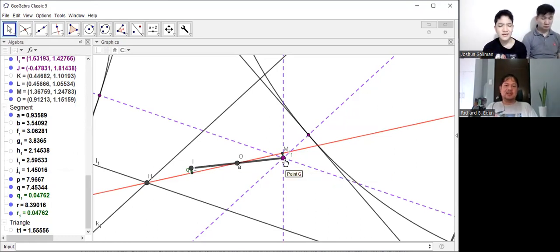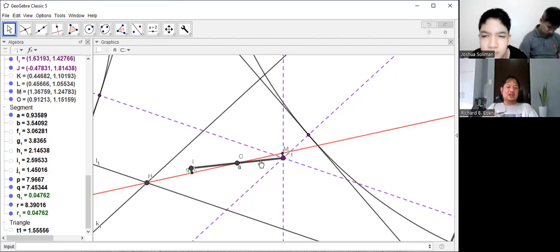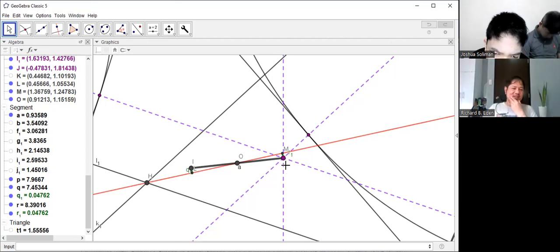By SAS, these are congruent triangles. You have a 90-degree angle, and you have vertical angles. They are similar triangles, but congruent because their hypotenuses are the same, since OI is the same as O going to the Bevan point. So congruent triangles.